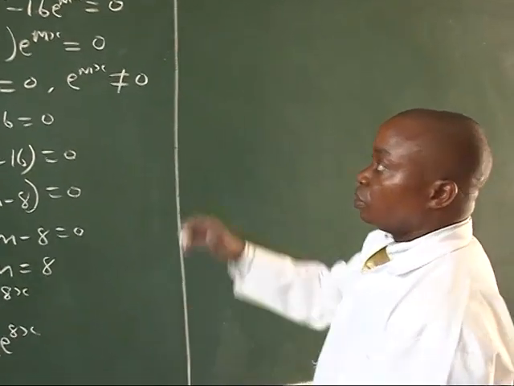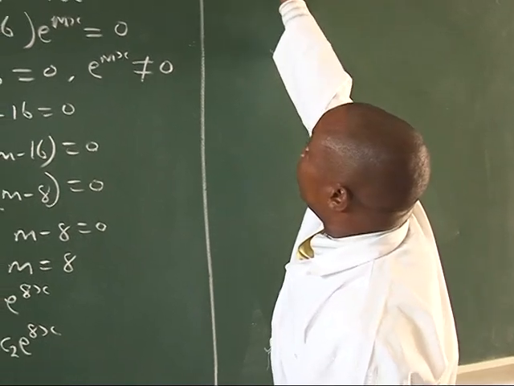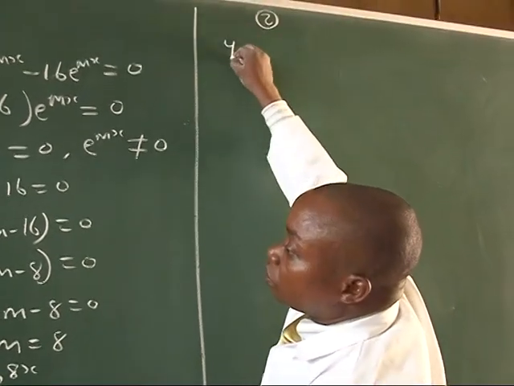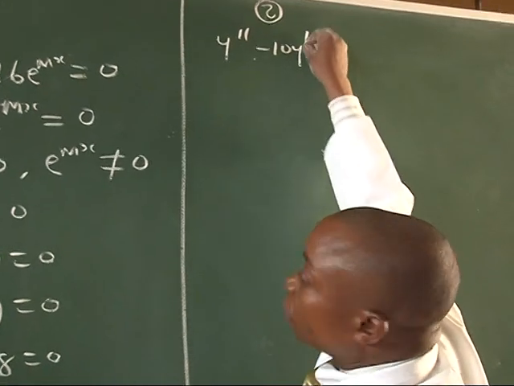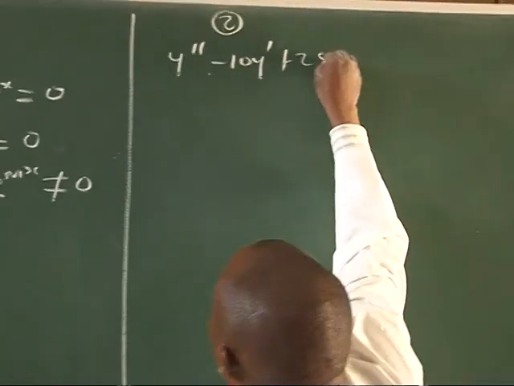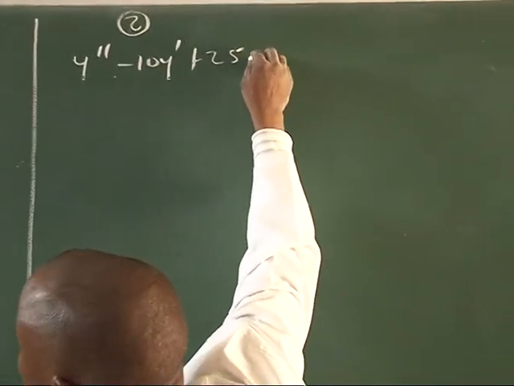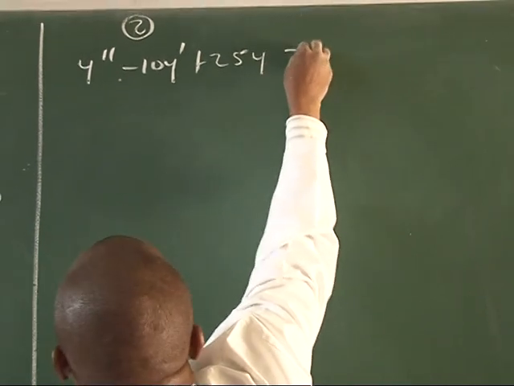For 2, we have y prime prime minus 10y prime plus 25y is equal to 0.